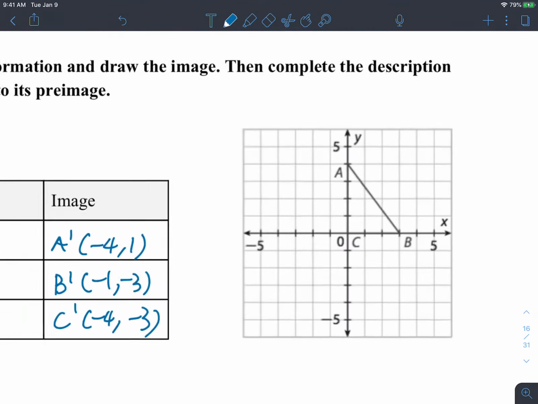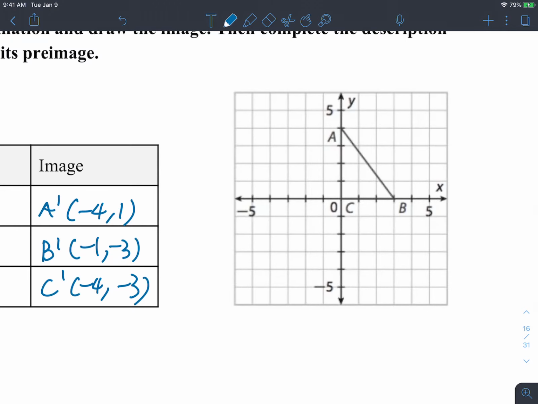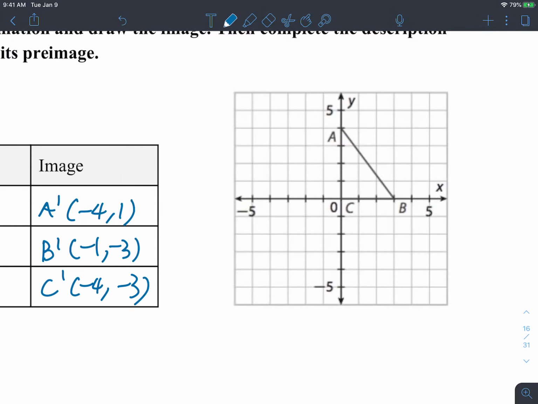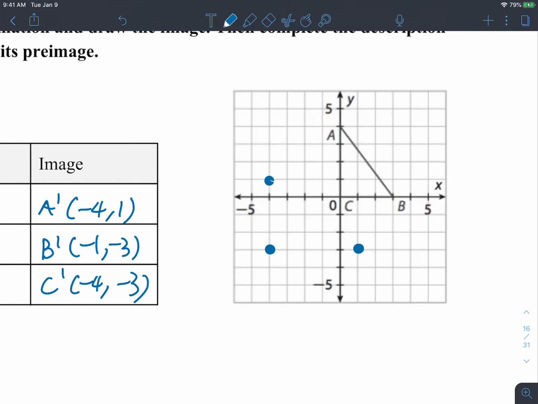Let's see what happens when I graph that. Okay, let's plot that point right there. (-4, 1) is right there. And B prime is (-1, -3), which is right there. And C prime is (-4, -3), I believe it's right there.